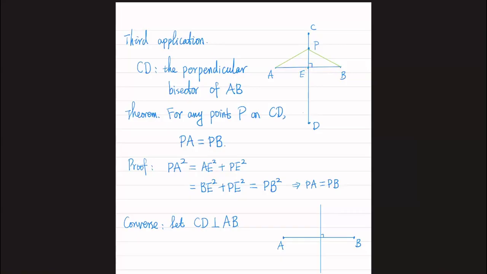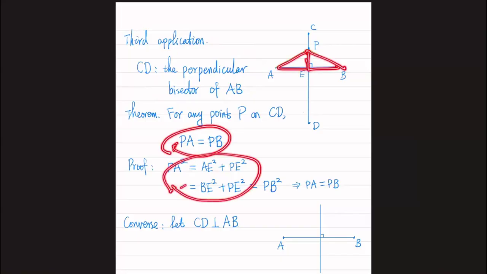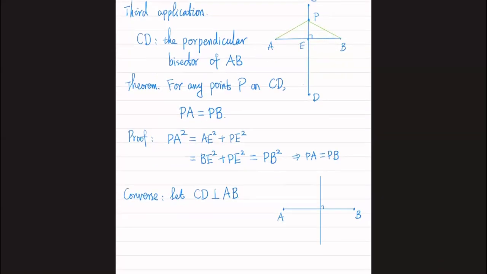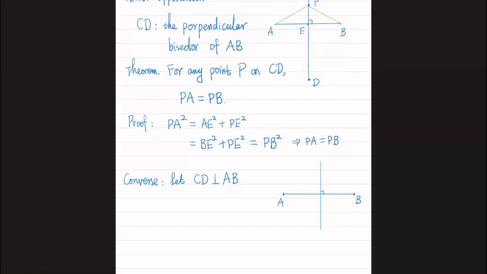Okay. So that's the definition of this perpendicular bisector. E is the midpoint. So there are different ways to prove this. One way, the Pythagorean theorem, or you check these two triangles are congruent. You can apply the side-angle-side theorem. These are different proofs.